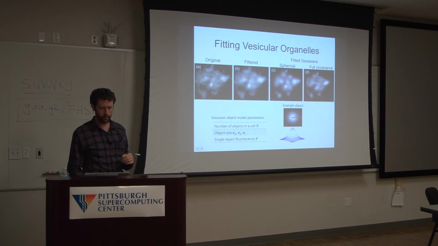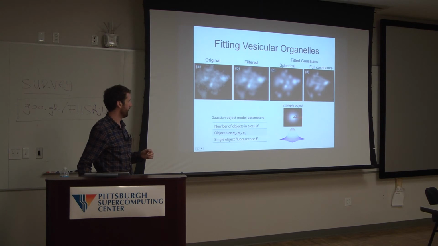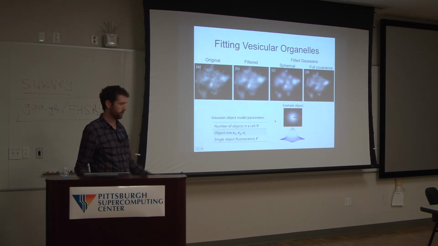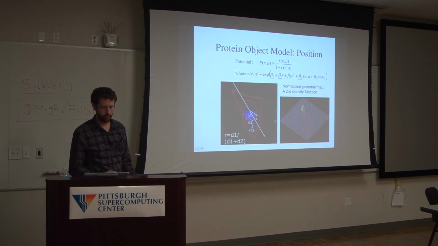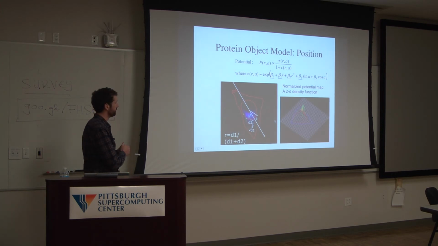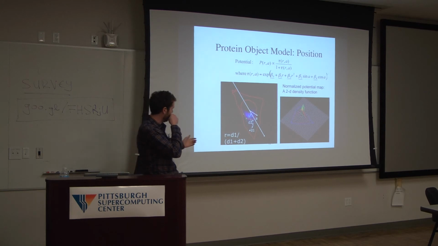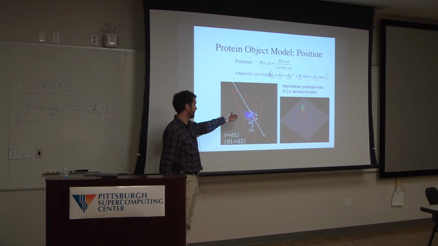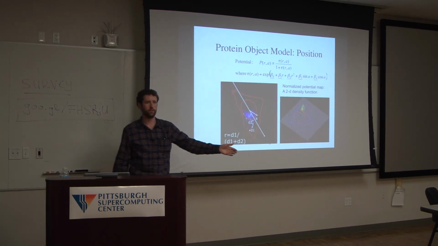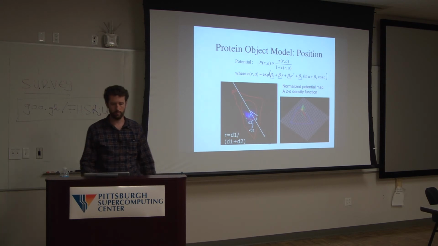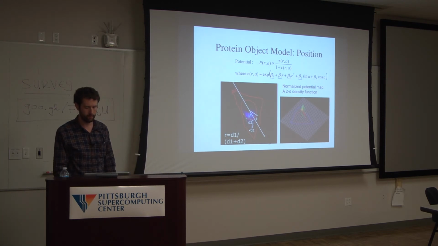So what that gives you is some number of these Gaussians that you've now fit, and their relative size and intensity. And like Bob talked about, we can then place these within the cell by modeling their relative distance in between the edge of the nucleus and the edge of the cell, and building a probability density map.